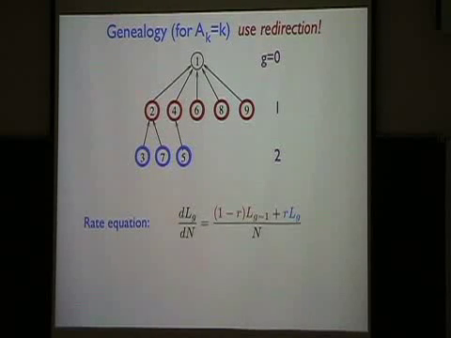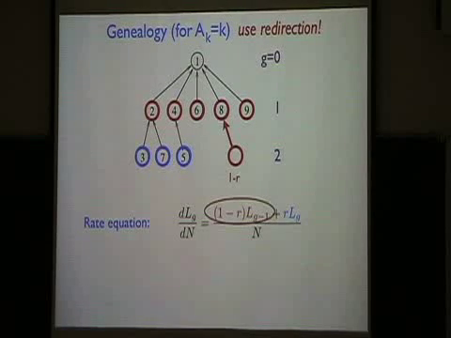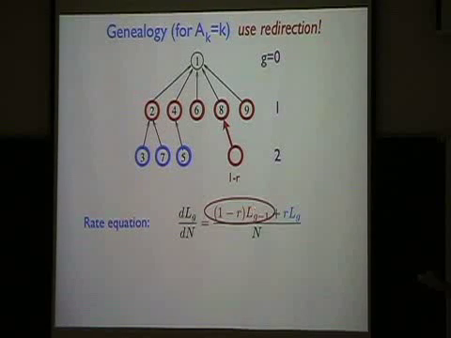And so here is a cartoon of how this works. First of all, how does the number of nodes in generation g change? I can first of all attach to a node in generation g minus 1, and that happens with the probability given by the number of nodes in generation g minus 1 divided by the total number of nodes. But if I'm going to use the redirection trick, with probability 1 minus r, I attach to a random target.